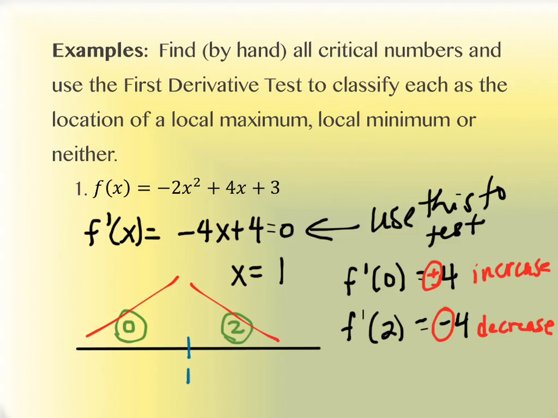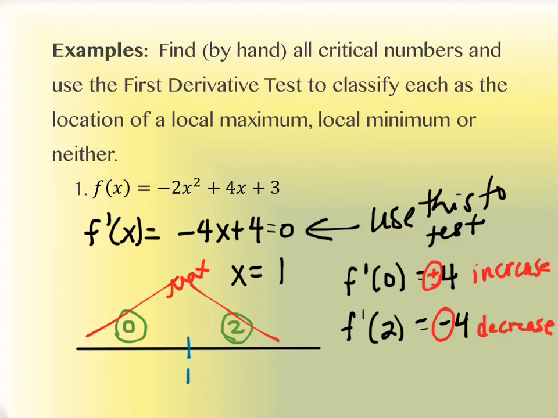Which means what happens at x equals 1? It is a maximum. And you did it without the traditional algebra that you know, and that's great that you know it, but it confirmed that it worked, didn't it? I'm not saying it's easier or less easy, but I wanted to do a very clean, simple, easy example so you can see that it really does work with what you already know.